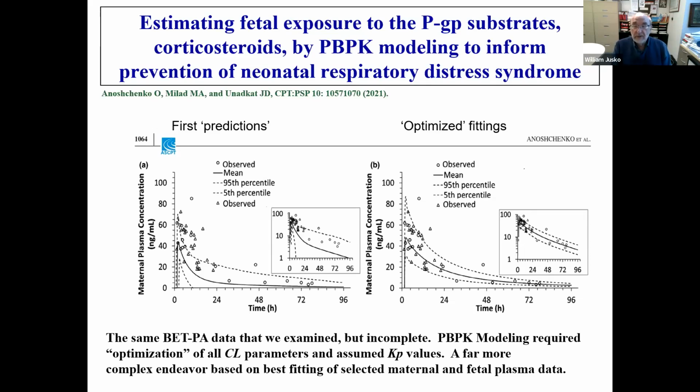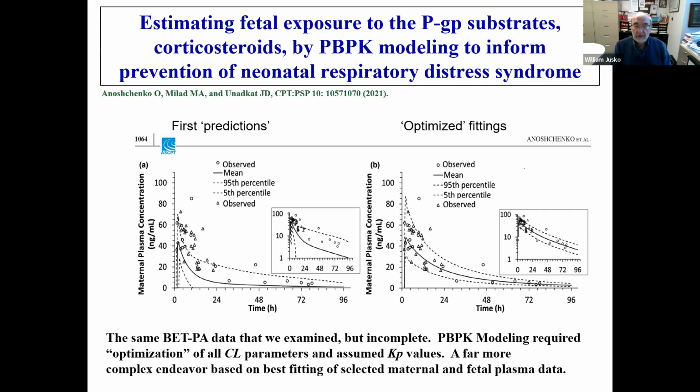So basically, what are they doing? They're doing what we did, getting the best fitting of plasma data. It's not really fully predictive, but it's a very lengthy, comprehensive, lots of parameters model that ends up just fitting the best one can with the plasma concentrations. Well, both their assessment and our assessment arrived at about the same conclusions because we're both looking at maternal and fetal concentrations.